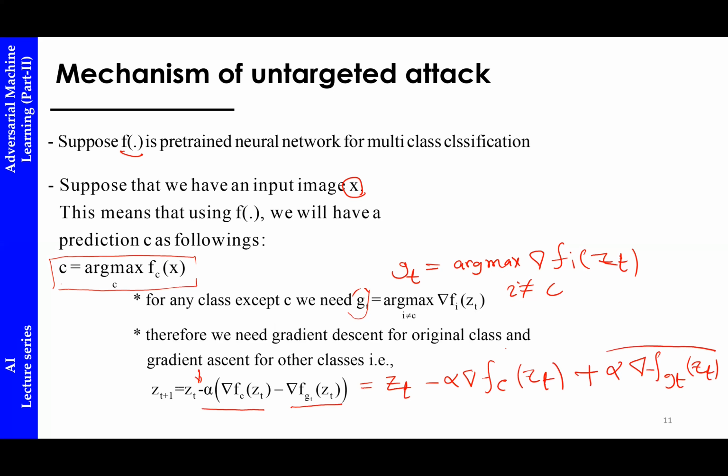Here we have gradient ascent, and here we have gradient descent. And alpha should be small enough to not make visible differences.